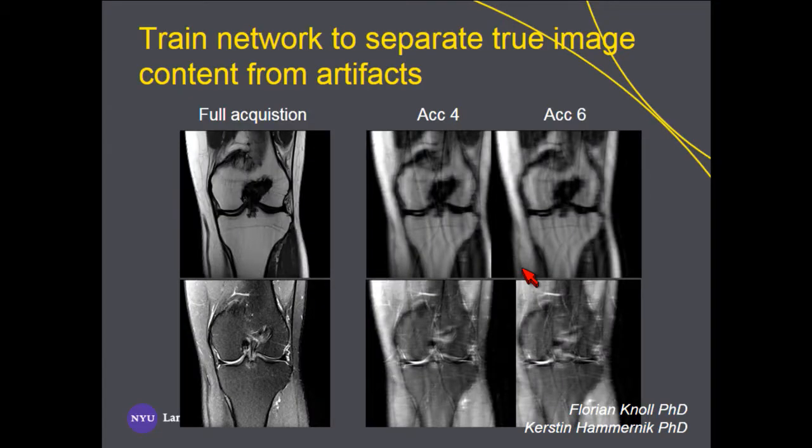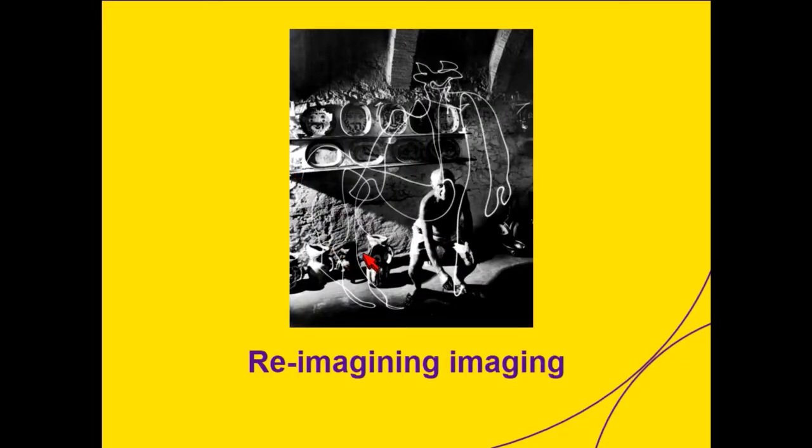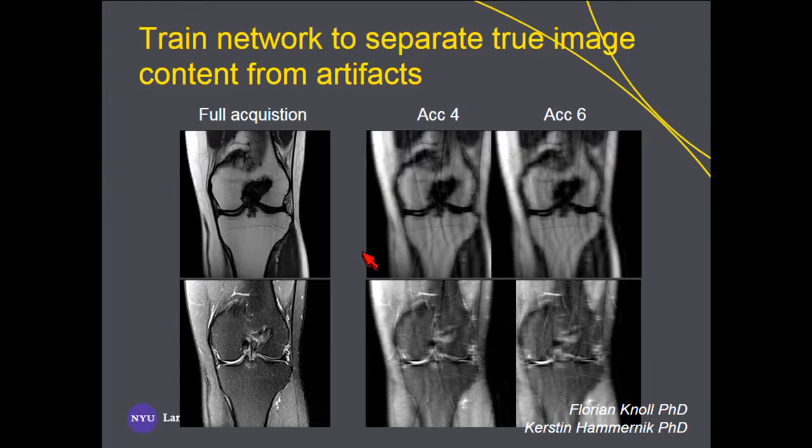Okay, so in the remaining time, I will talk briefly about some exciting work in imaging. How can you reimagine imaging? This is some work that Florian Knoll has given me. How can you train a network to separate true content from artifacts?